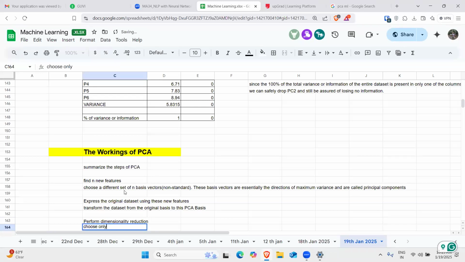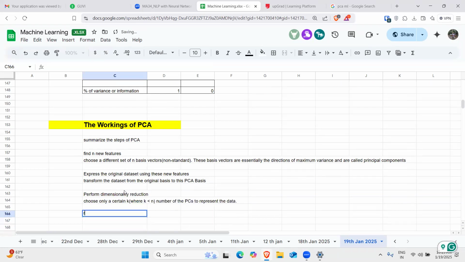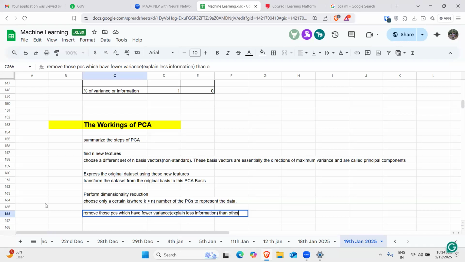That is, we choose only a certain k, where k is less than n, number of the PCs to represent the data, and we remove those PCs which have fewer variance, which explain less information than others.